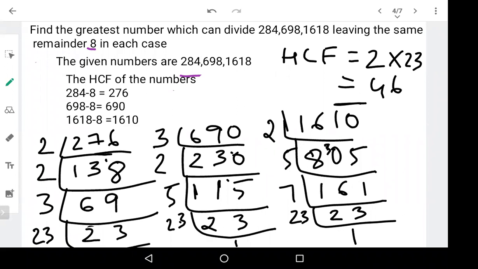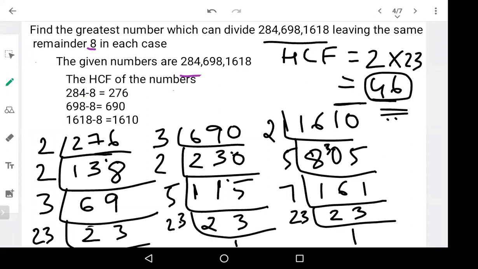So the required number, which is the greatest number. If you see here in the first line, it says greatest number, right? The required greatest number which can divide 284, 698 and 1618 is nothing but 46. This is the required greatest number.